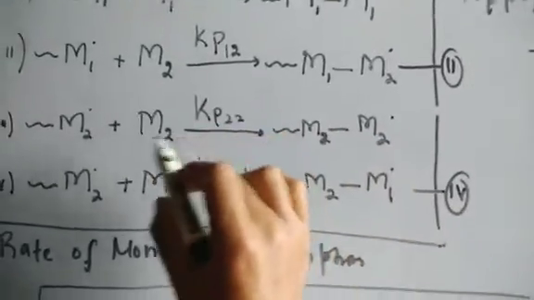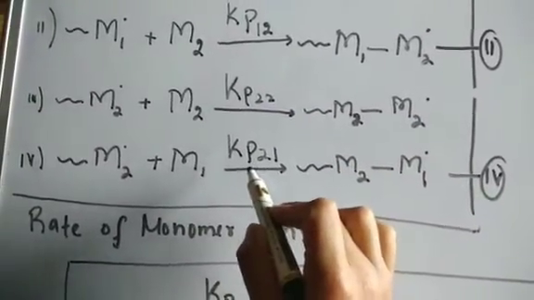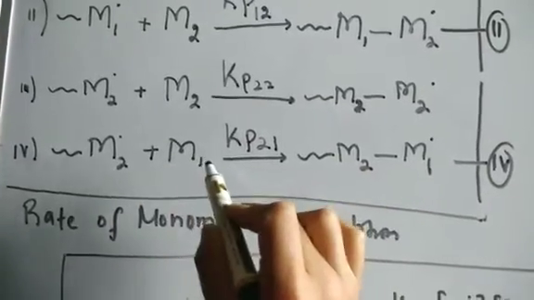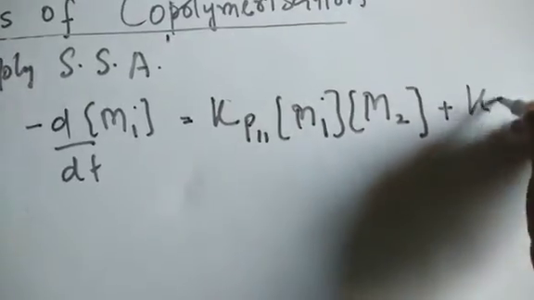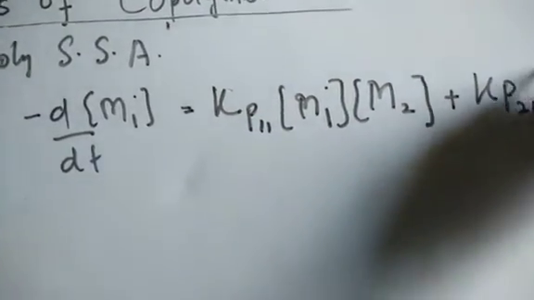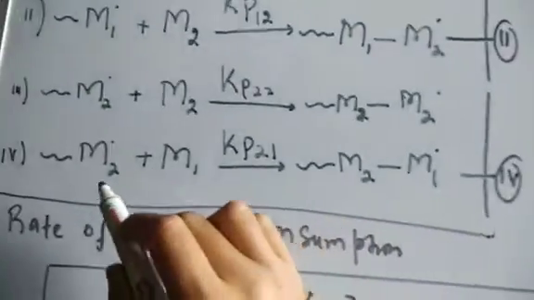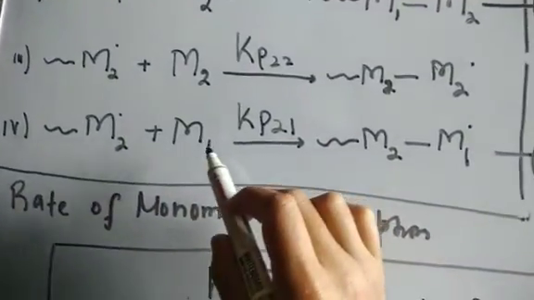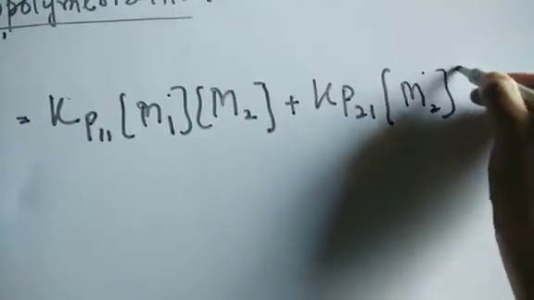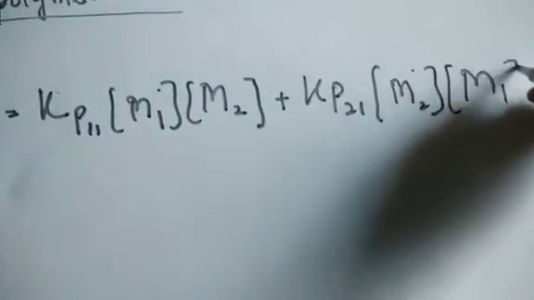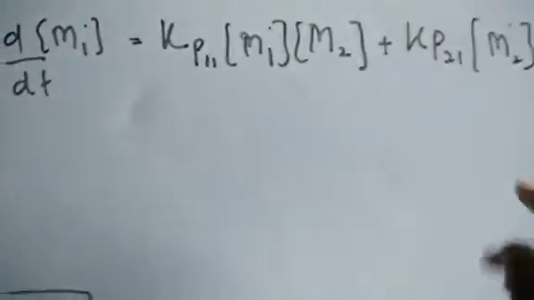Second, the contribution comes from this step, Kp21 M2 dot M1. So this is equal to this. Fine, that can be called equal to 0.